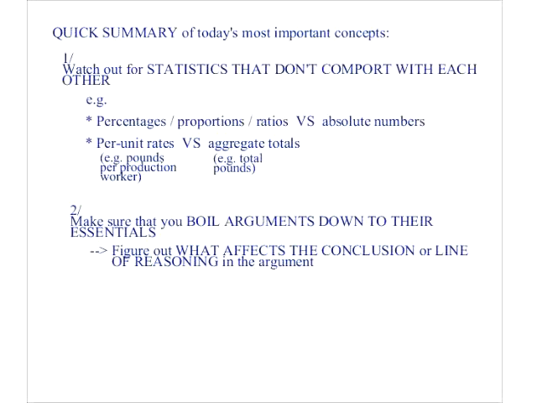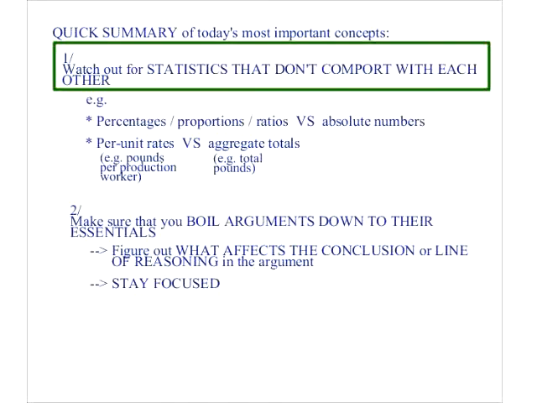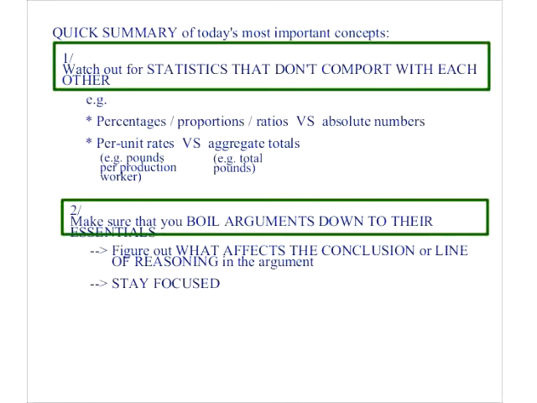And then make sure you stay focused on that. So these are our main themes of today's study hall. I think we're going to take the other group of quantitative problems and use them for another study hall. But those are the main deals here.